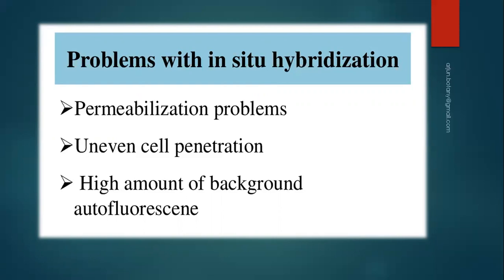Next is uneven cell penetration. Sometimes it penetrates into different cells rather than the target cell. Next is a high amount of background autofluorescence. Sometimes the high color can also be very problematic for chromosome painting.